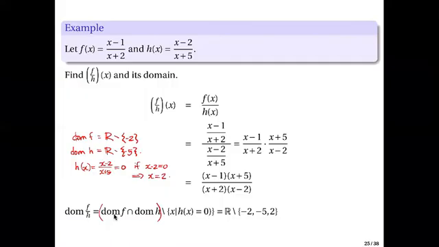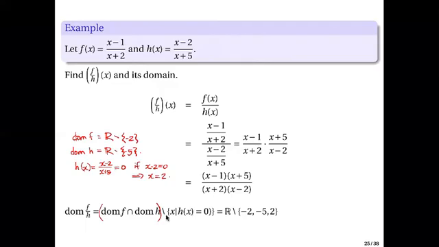So the domain of f intersection domain of h, these two guys here, it's the set of real numbers, remove -2 and -5.